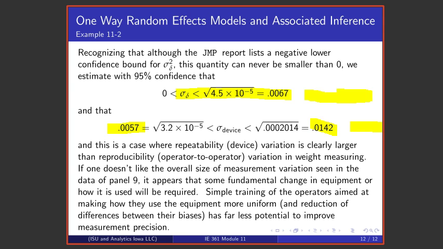Reducing variability in operator bias is not going to completely deal with measurement variability. Rather, I'm going to have to address this issue of repeatability, and that often requires capital expenditure, investment in fundamentally better measuring equipment.